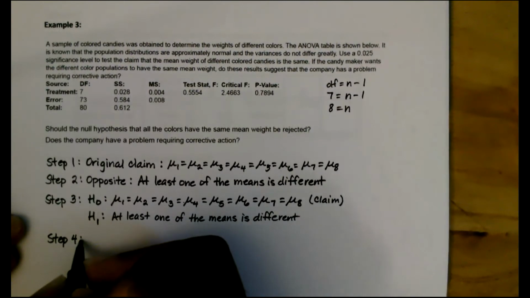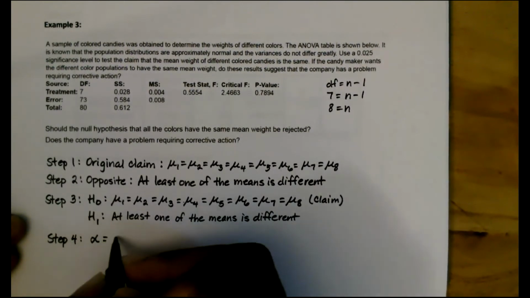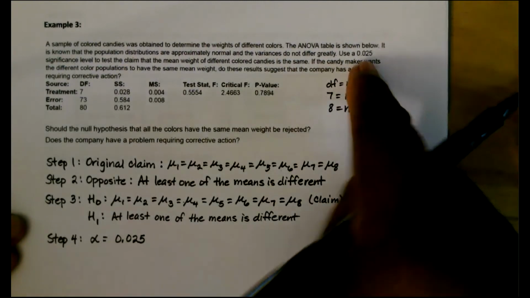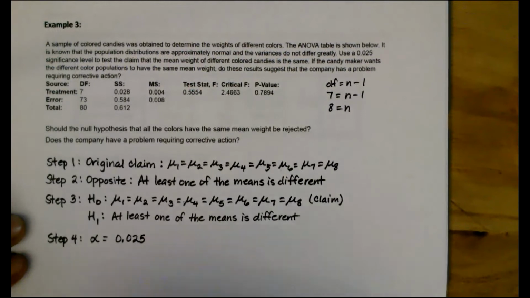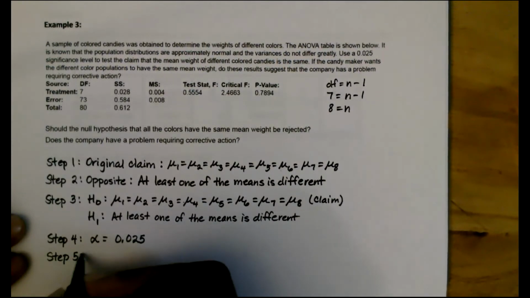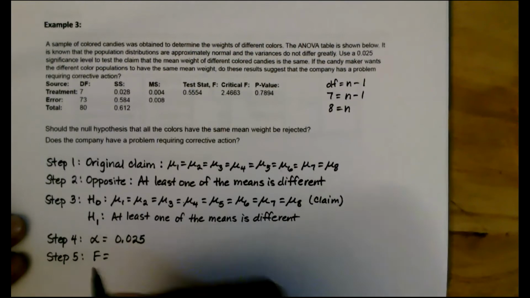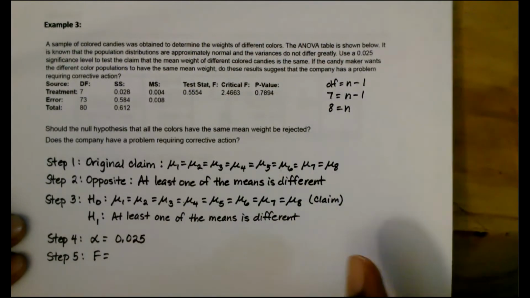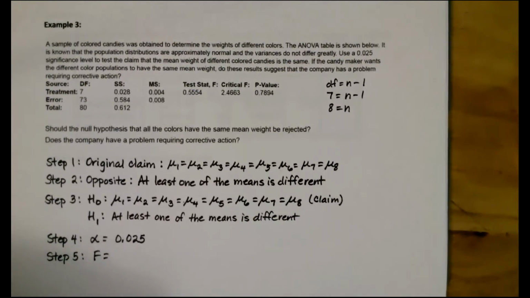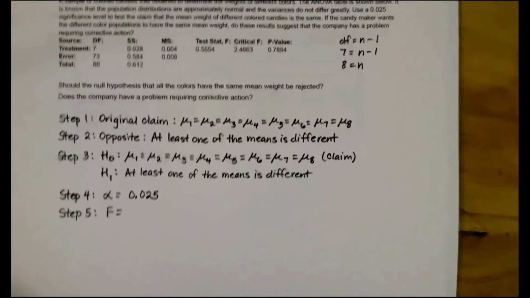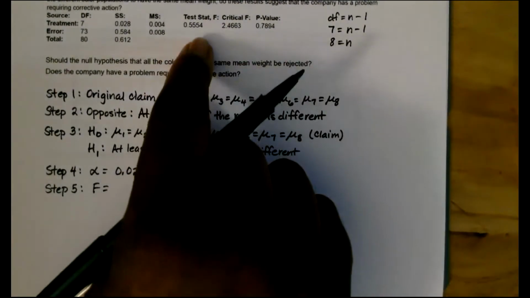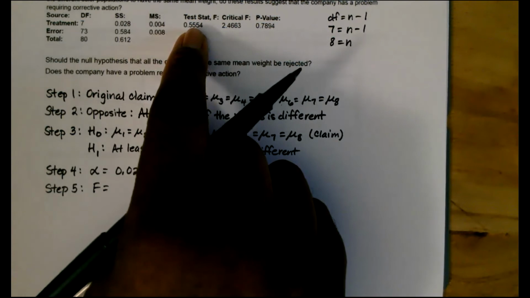And then step number 4 is your level of significance. You're told to use a 0.025 level of significance; that's given in the problem. Now step number 5 is the test statistic, which is F in this case, since we're dealing with a one-way ANOVA. If you look at your table, here's your test statistic right there.